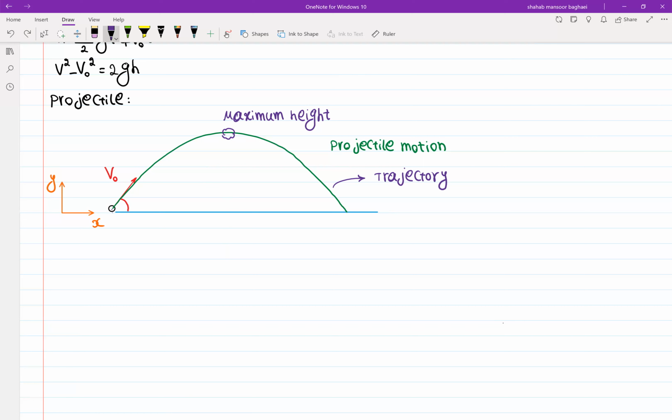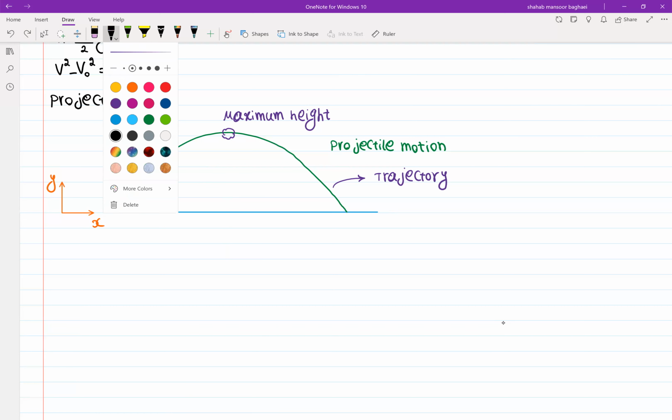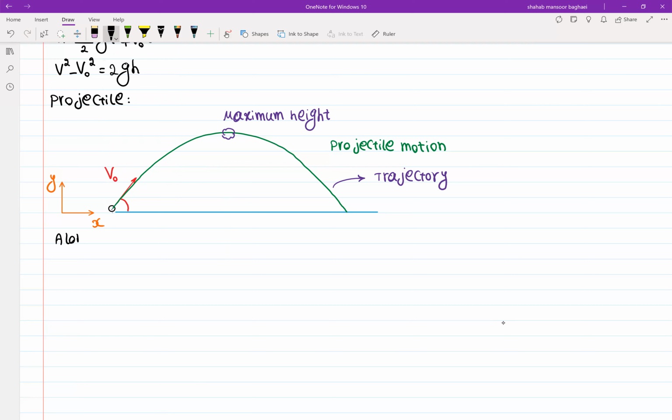Therefore, along the x-axis, there is no acceleration.